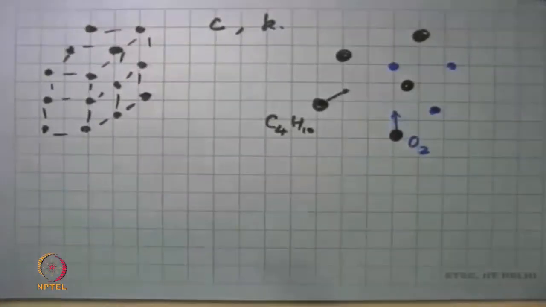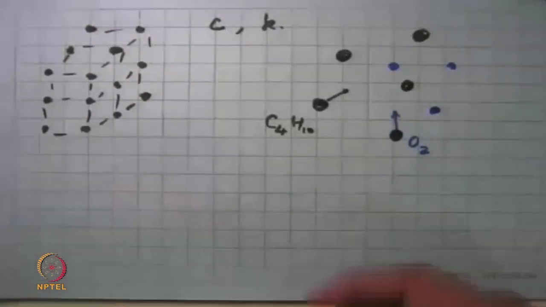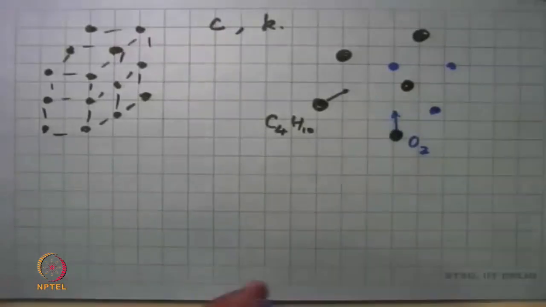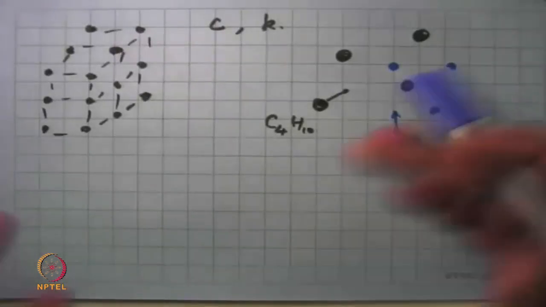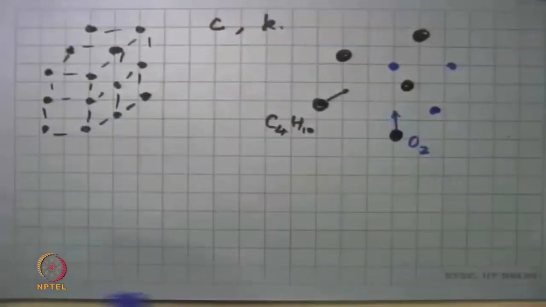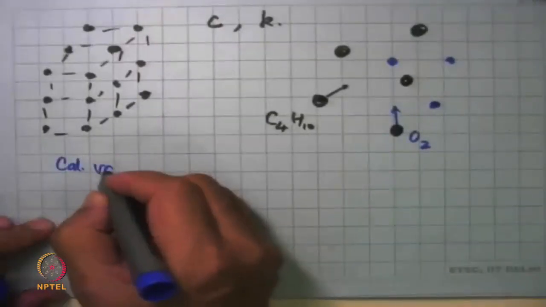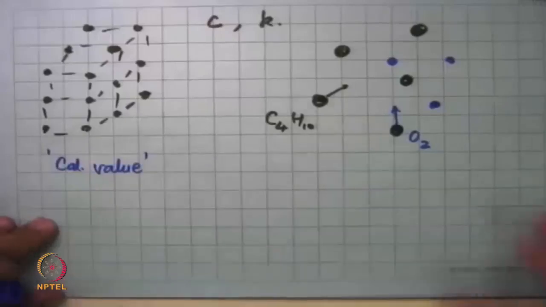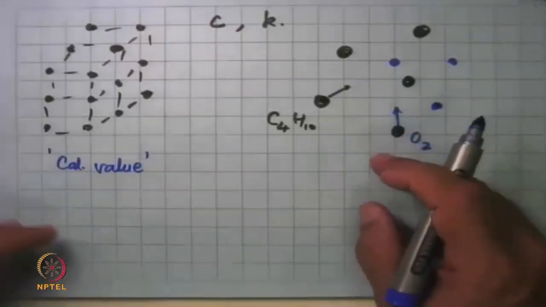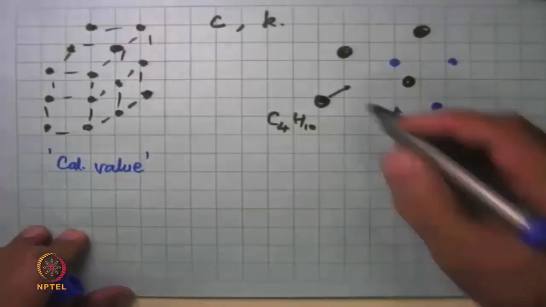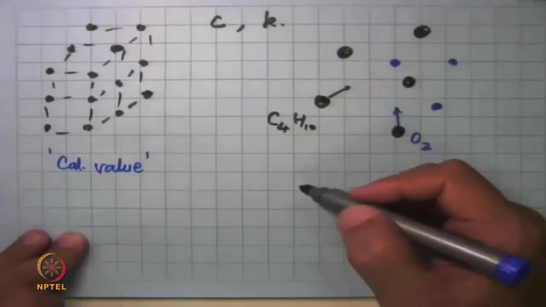And we want to calculate what is the rate at which the reaction will take place and how much energy will be given up. We have from school days knowledge that if there's complete burning taking place and the products come back to the ambient temperature, then so much energy is given out, and that's what we have learned as, say, a calorific value, and we got numbers on that. That's all done at the macroscopic level.